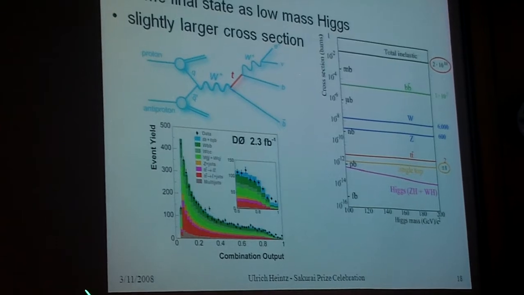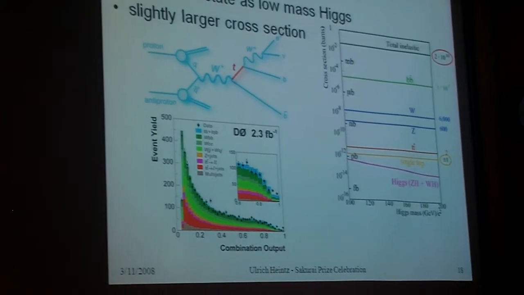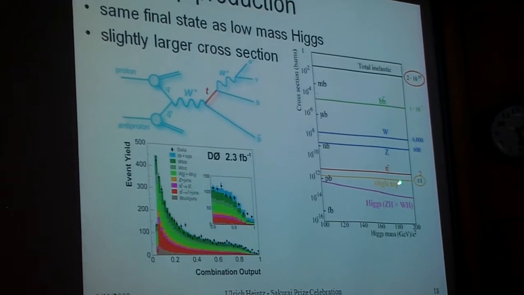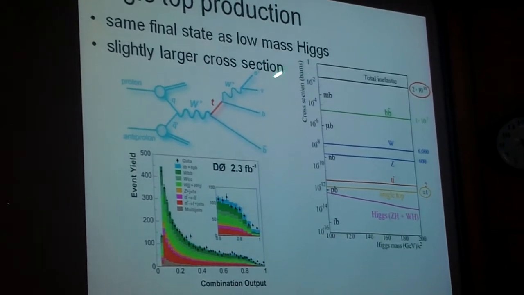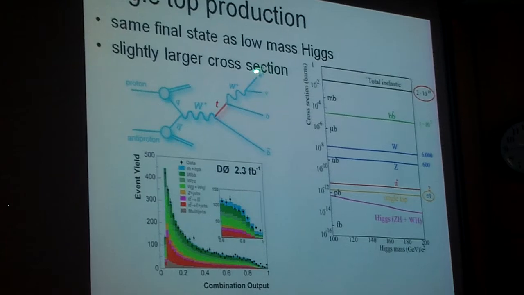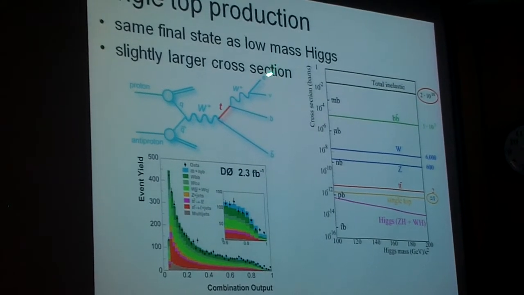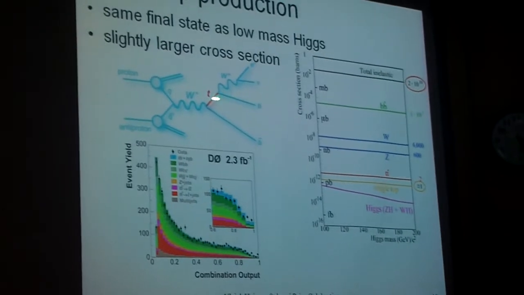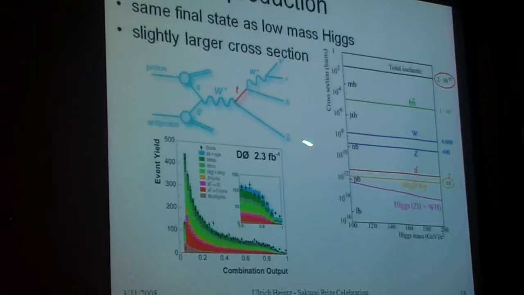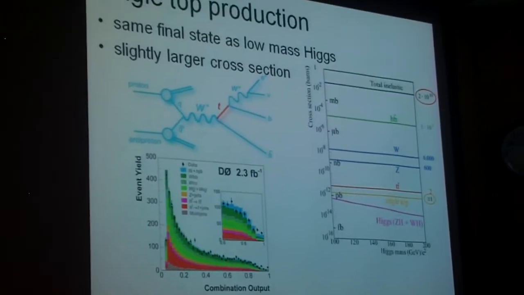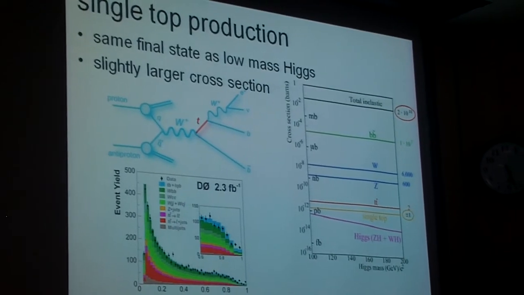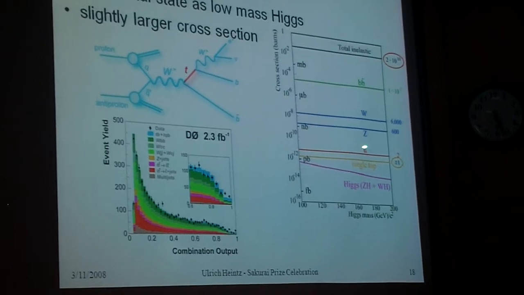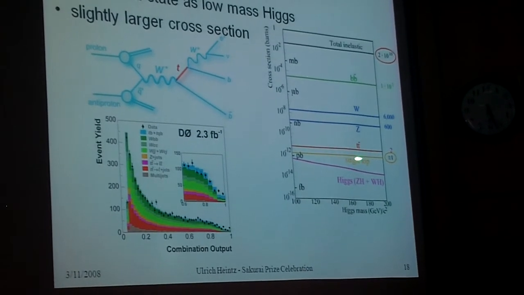I'm showing this because part of this work was done as a thesis by a Brown student, Monica Pangilinan. And over here you see that the final state of single top production is a W that may decay to a charged lepton plus a neutrino, plus 2 Bs, one from the top decay and the other one from the top production here. So exactly the same final state as the Higgs boson channel that I just showed you. And here you can compare the cross sections of these processes.